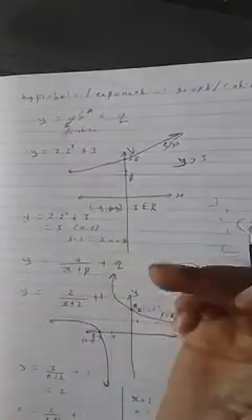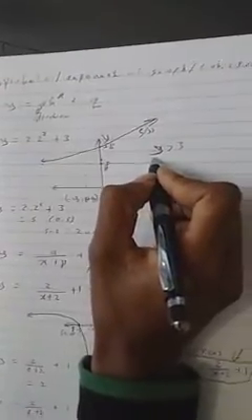But for the purpose of range, looking at the y direction, this graph is only limited here. It would never come down past 3. So we would simply say the range is that.